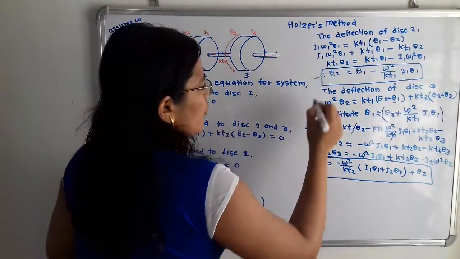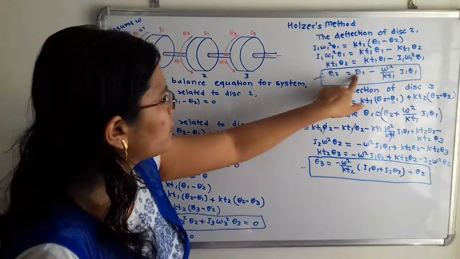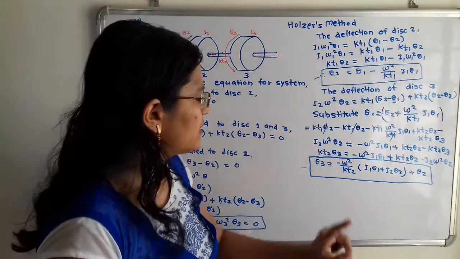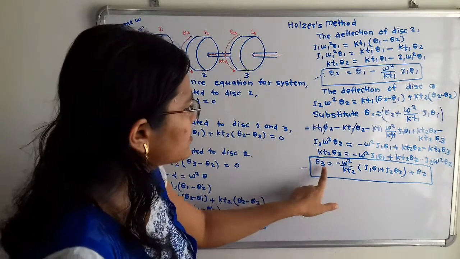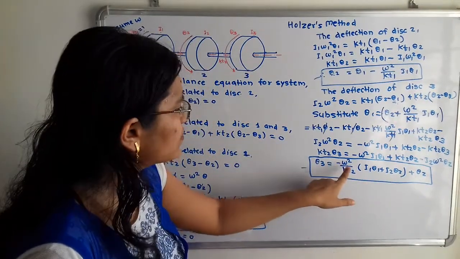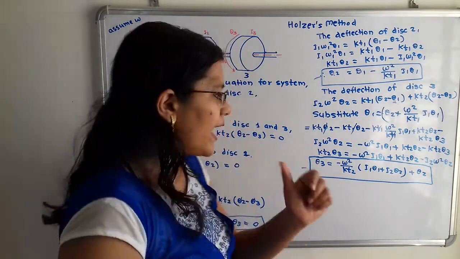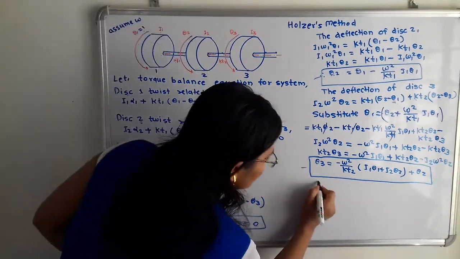Now observe these two formulas, that is theta 2 is equal to theta 1 minus omega square by kt1 I1 theta 1, and theta 3 is equal to theta 2 minus omega square by kt2 into bracket I1 theta 1 plus I2 theta 2. So I can proceed with it for theta 4 also.